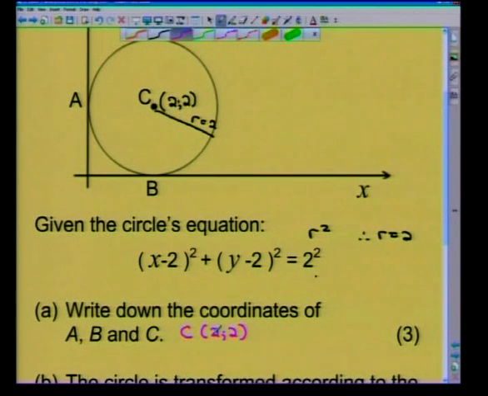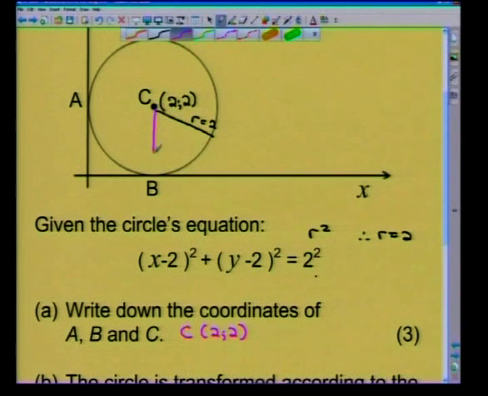Now, this is where tangents come into things. Remember we discussed that a tangent is at right angles to the radius. Now, do you agree with me, looking at that picture, that the tangent is actually the x and the y axis? Now, this can be very useful in a lot of different cases. So if we draw down the radius here, that would be a right angle.